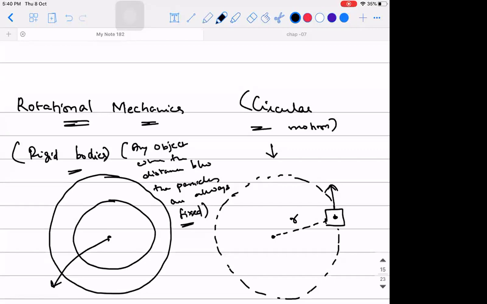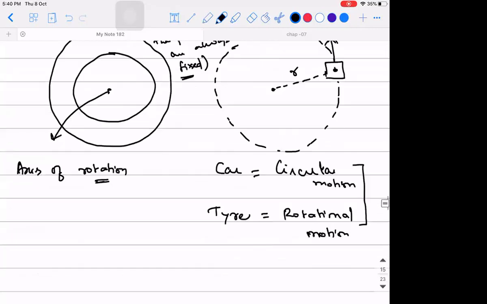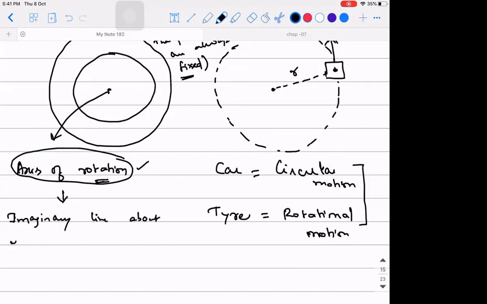I hope you understood. Okay. So for you to speak about rotational motion, the most important point to be defined is the axis of rotation. So what do you mean by axis? Axis is an imaginary line about which the whole system is revolving.